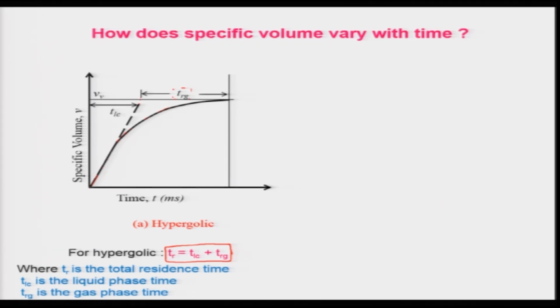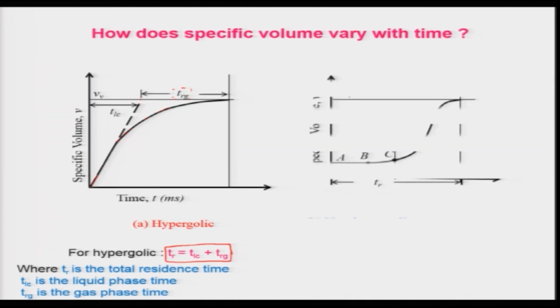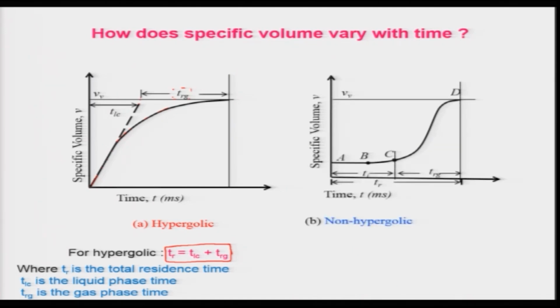So, let us look at what happens to the specific volume when the liquid fuel is injected into the combustion chamber, particularly for non-hypergolic propellant. When it is injected at A, the specific volume remains almost constant till the point B. Later, due to vaporization, atomization, liquid fragmentation and disintegration of the bulk liquid, there is a very small increase of the specific volume.